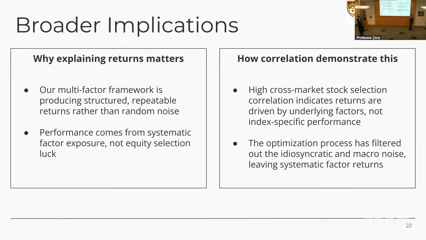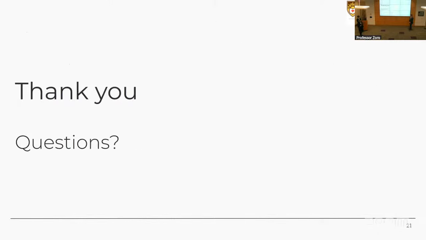Also, our optimization model is doing a good job at filtering out company-level macro risk and country-level macro risk, and it's basically leaving behind pure factor-based returns. Yeah, thank you.